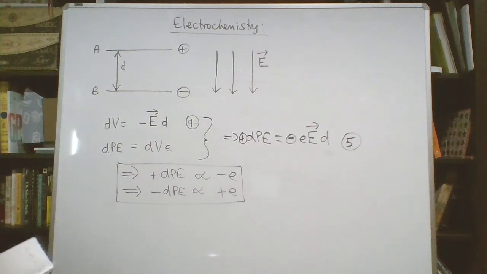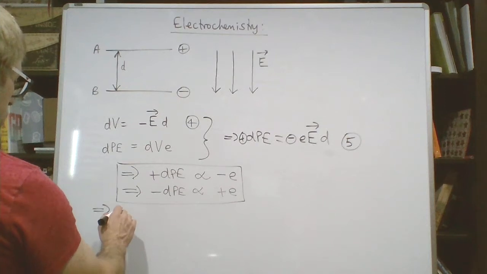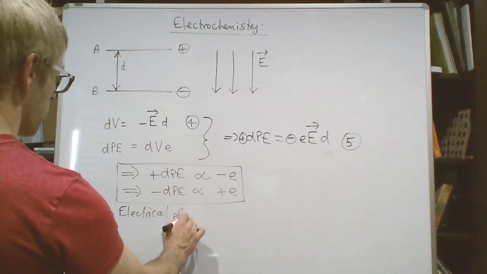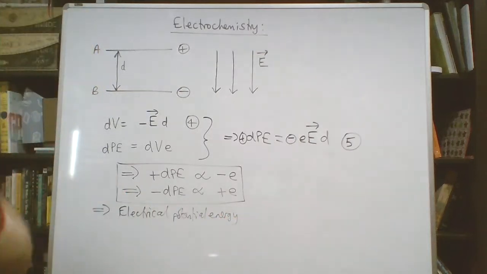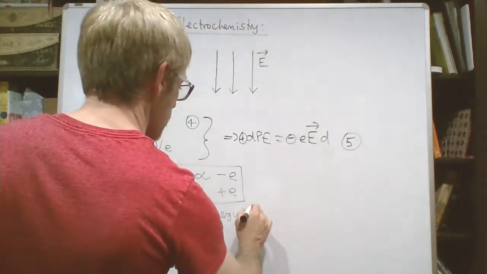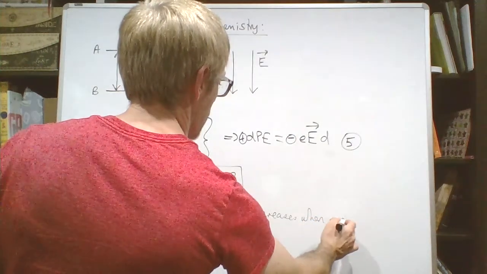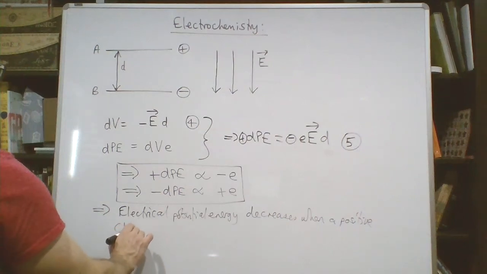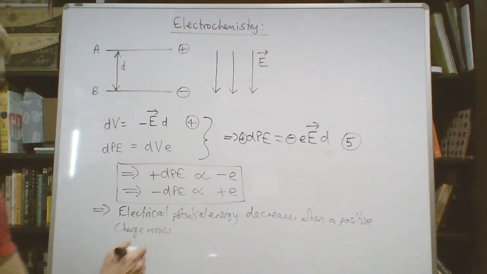So what does this mean? It means that the electrical potential energy decreases when a positive charge moves in the direction of the electric field.